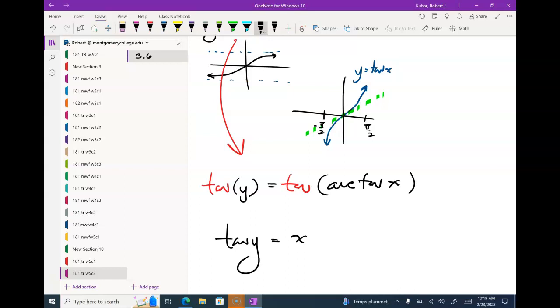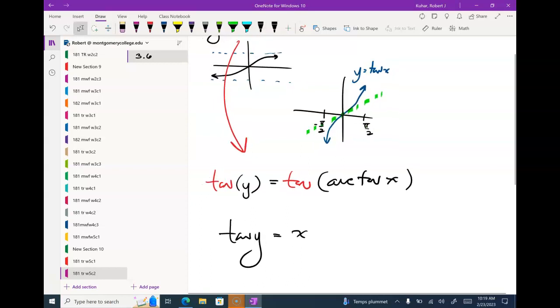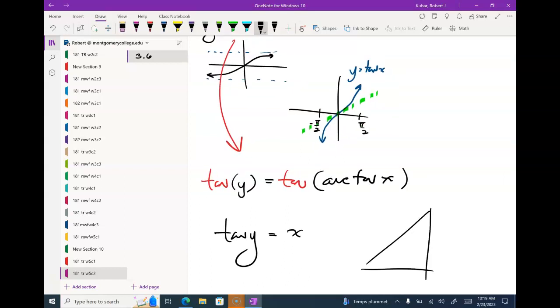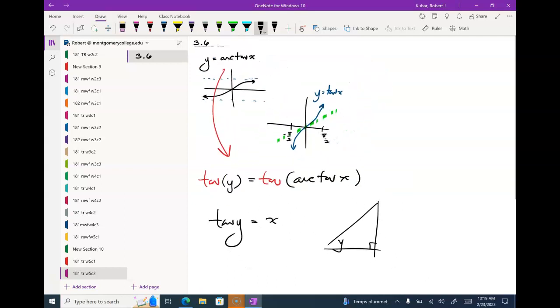And what did I tell you Tuesday? If I give you a trig, that means you have a right triangle. If I give you a trig, you have a right triangle. And so I have a right triangle with an angle of y, and what does my tangent function give me? Which side is x? Opposite. Adjacent is 1.